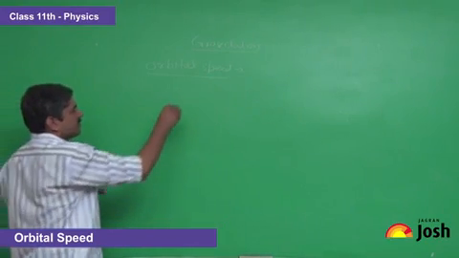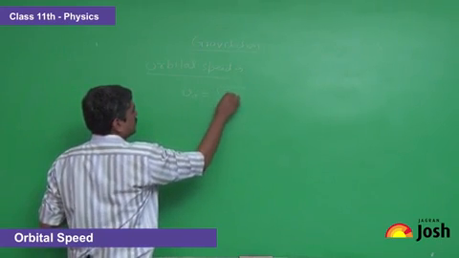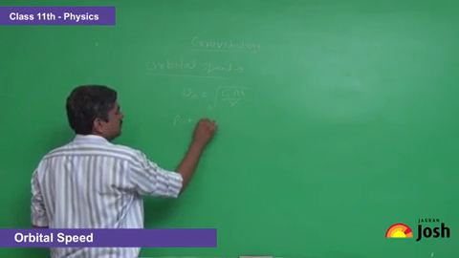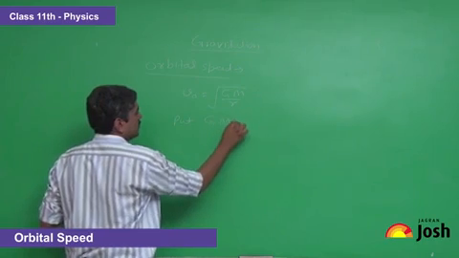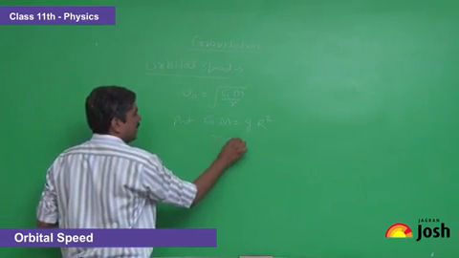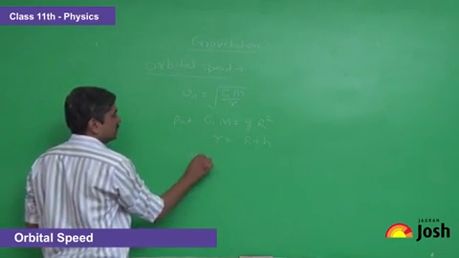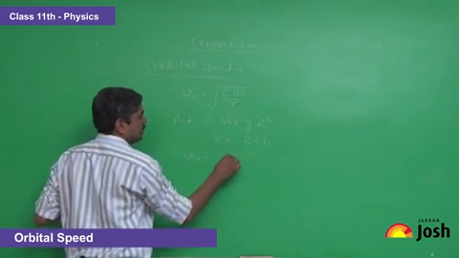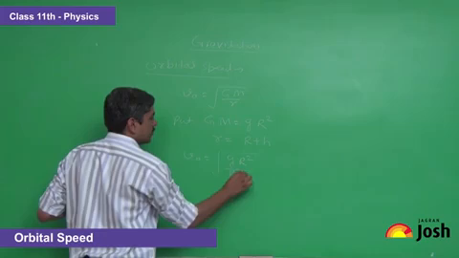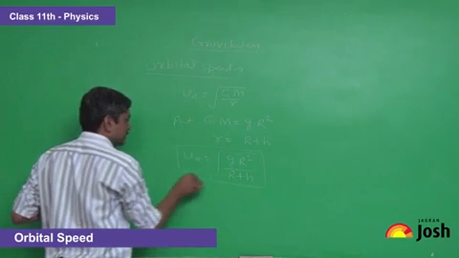Now, we can also write this formula, Vo equals under root GM upon r. Put GM equal to small g into R square and r equal to capital R plus h. So we get Vo equals under root g R square upon R plus h. This is another result.